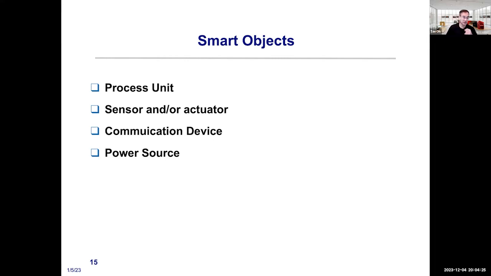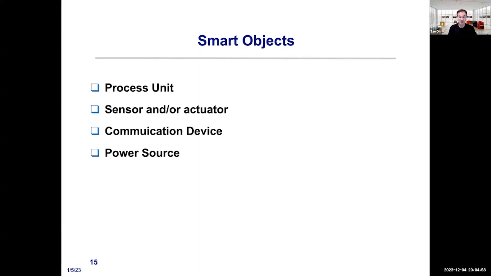We're talking about here a processing unit. It's a smart object, right? So you have to process the information. So it needs to have a processing unit, and also probably needs to have some memory as well. And also sensors, actuators, sensors to collect information. If you want the object to be smart, you gotta have some form of information.